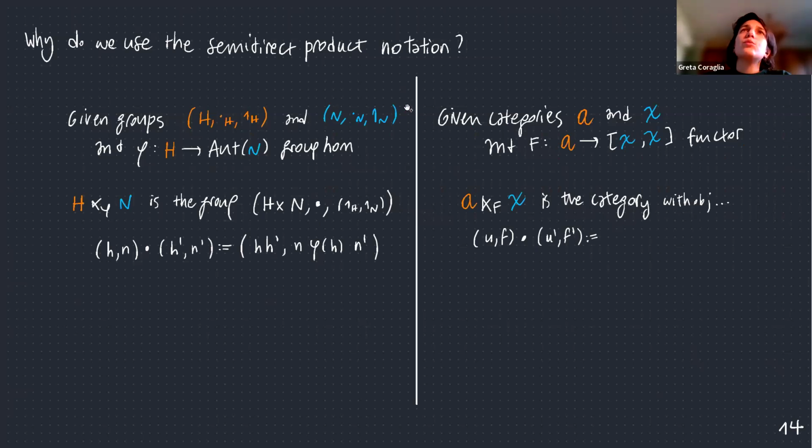So instead of two groups, now we take two categories, A and X, and we take a functor from A to the endofunctors of X. Maybe it would have been smoother if I just wrote End of X, but still.